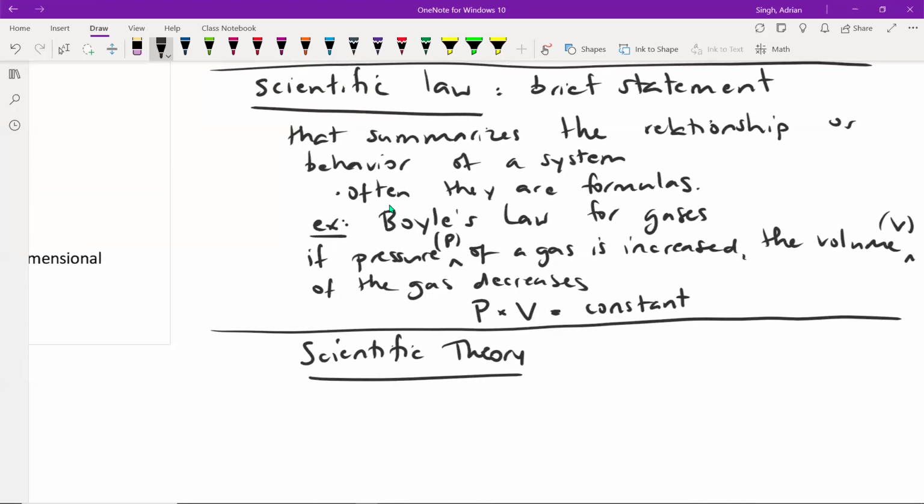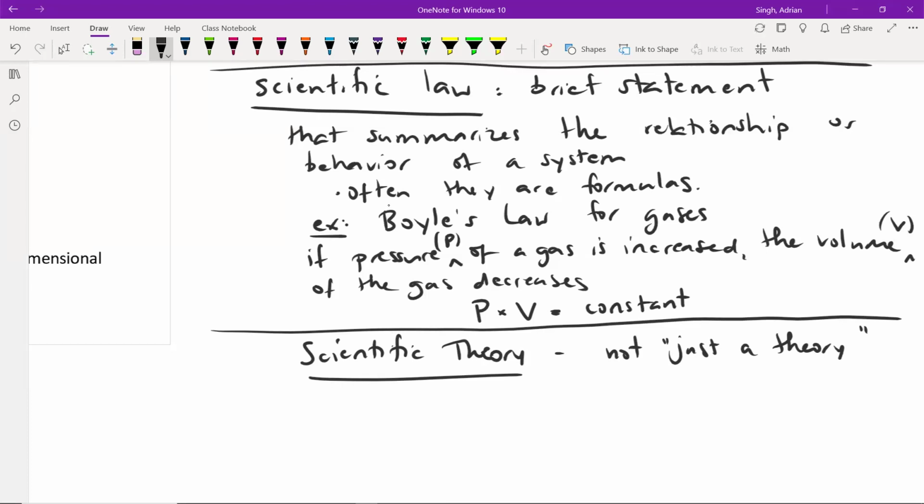In science, a theory is not just a theory. Okay, when we use the word theory in the normal everyday sense, really what we are referring to is a hypothesis, right? So for example, you're talking to your friends, I have a theory why my car didn't start. Okay, that's not a scientific theory.